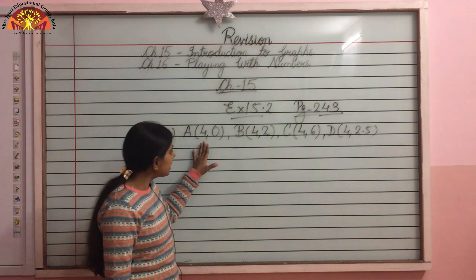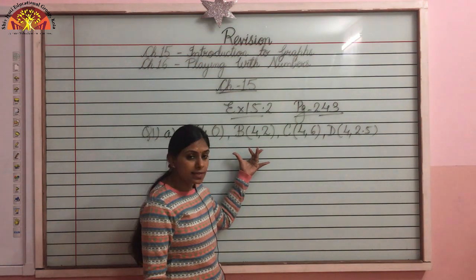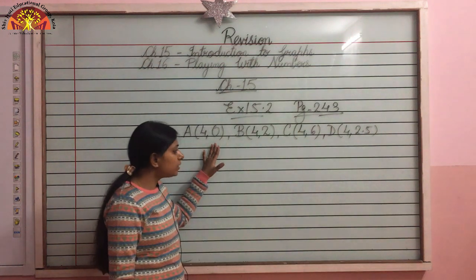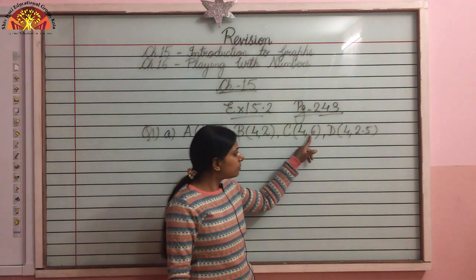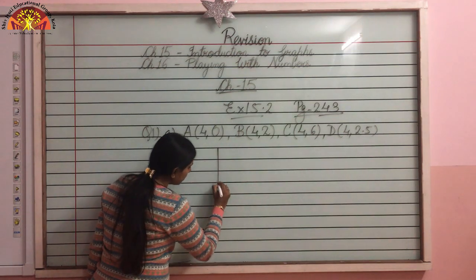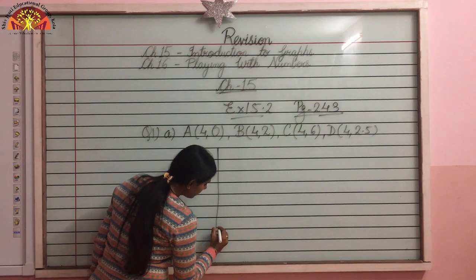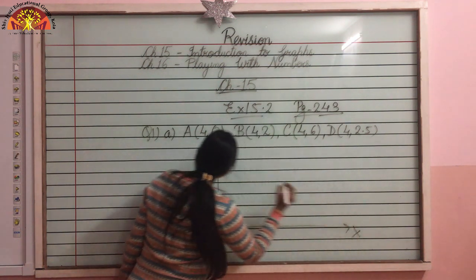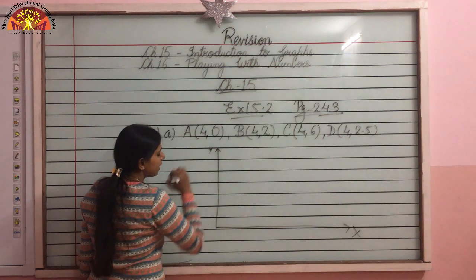So when you are observing the coordinates on the x-axis, the maximum limit is up till 4, and when you are observing the y-axis, the maximum limit is up till 6. So now we will plot the points, children. I am drawing the rough figure. You can use your graph sheets. So this is the x-axis and this is the y-axis.